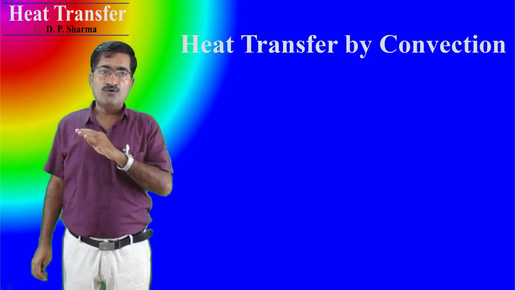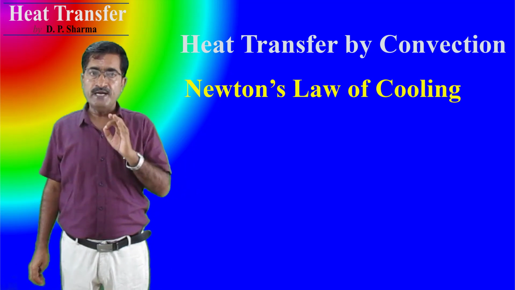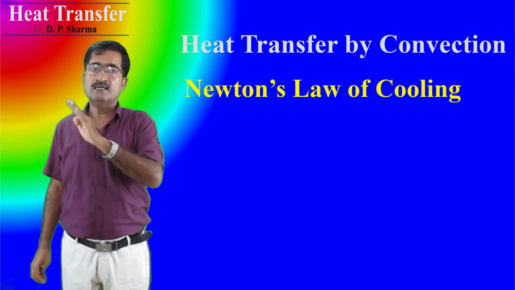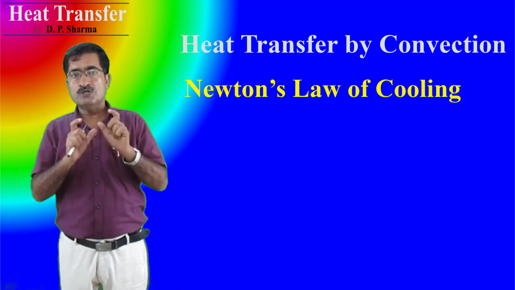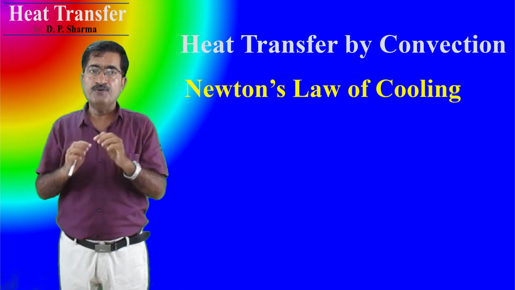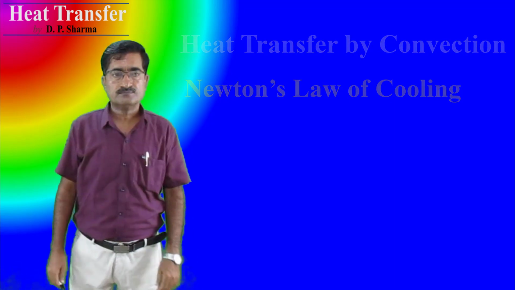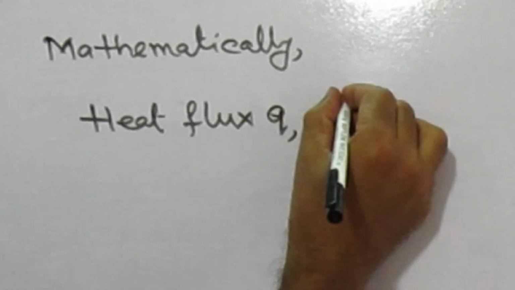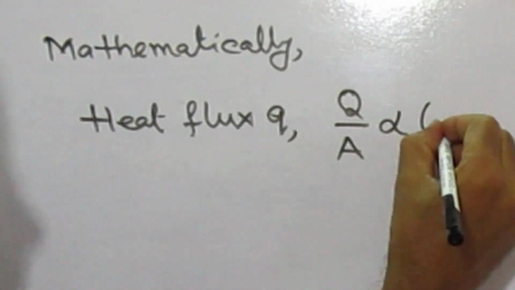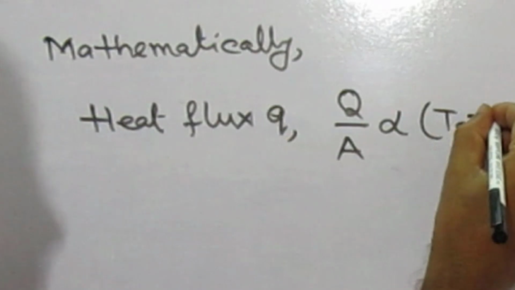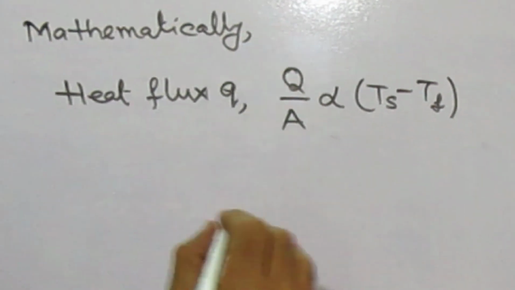Heat transfer by convection. Now, Newton's law of cooling, it is a fundamental law of convection, and it states that the rate of heat transfer is directly proportional to temperature difference between fluid and surface. Q by A is proportional to temperature difference, surface temperature minus temperature of fluid.